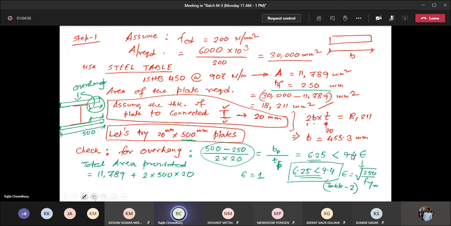Now you could have asked, if this is more than 9.4, then what would happen? I have to take a different thickness to reduce the B of the plate. So now it becomes 31,789 mm square, which is greater than 30,000. That means it can accommodate the load which is being applied over here.